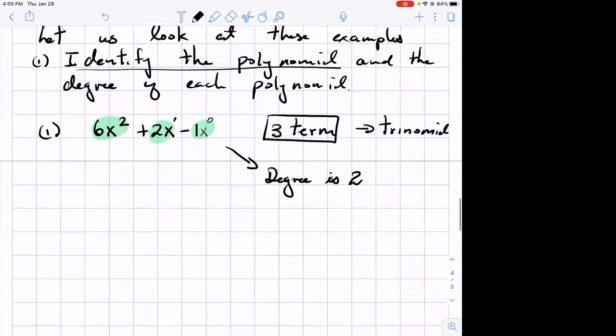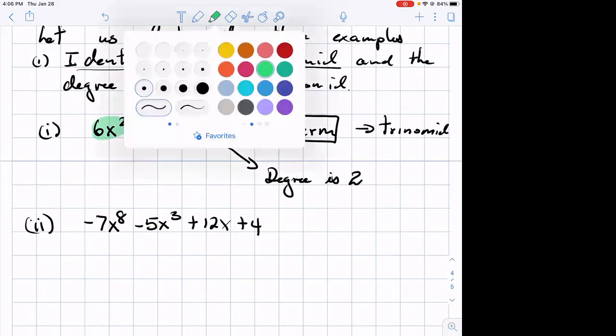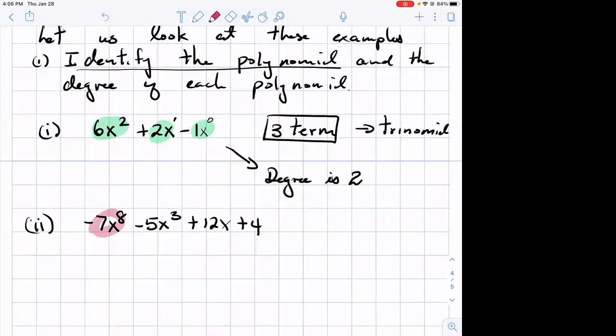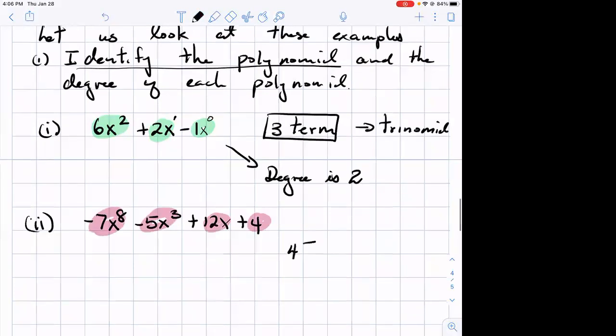If we look at another example, if we have minus 7x to the 8 minus 5x cubed plus 12x plus 4. So if we look at this polynomial now, we have 1 term, 2 terms, 3 terms, 4 terms. So here we have a total of 4 terms.